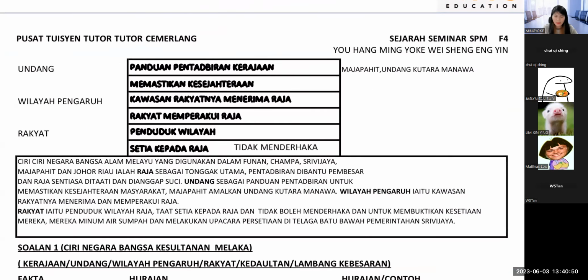Then you go and remember again, then you write down again. Undang-undang ialah panduan pentadbiran kerajaan bagi memastikan kesejahteraan negara. Dan seterusnya, wilayah pengaruh merupakan kawasan rakyatnya menerima raja dan rakyat juga mempengakui raja. Like that. Akhirnya, okay, rakyat ialah penduduk di wilayah tersebut dan setia kepada raja serta tidak mendurhaka, like that.